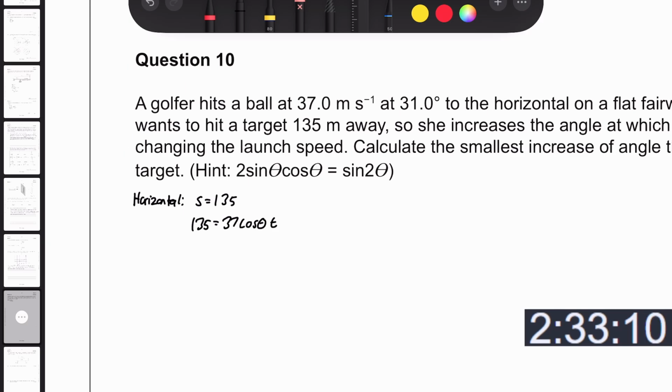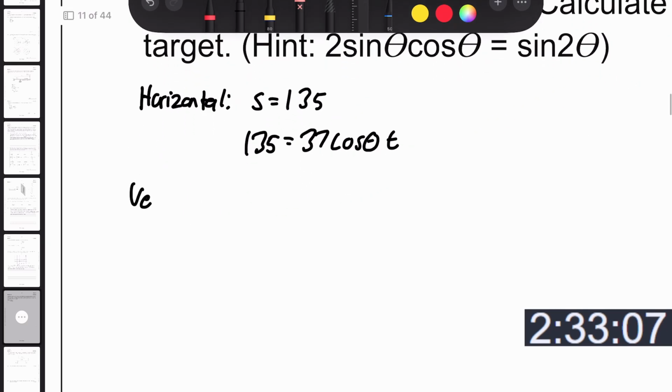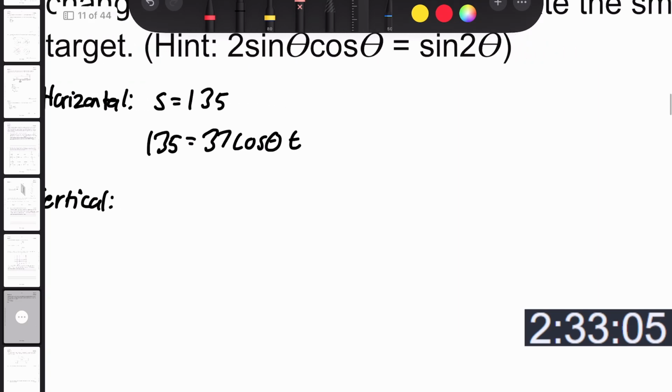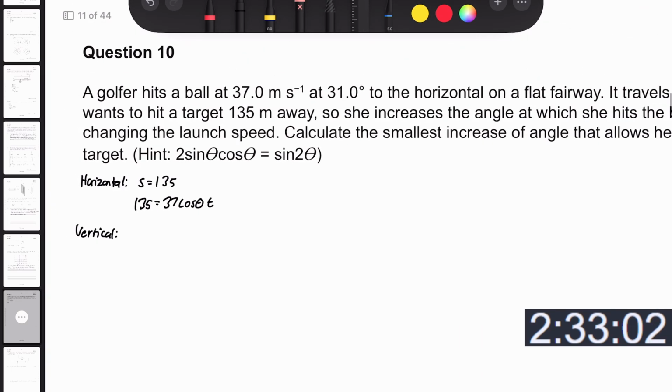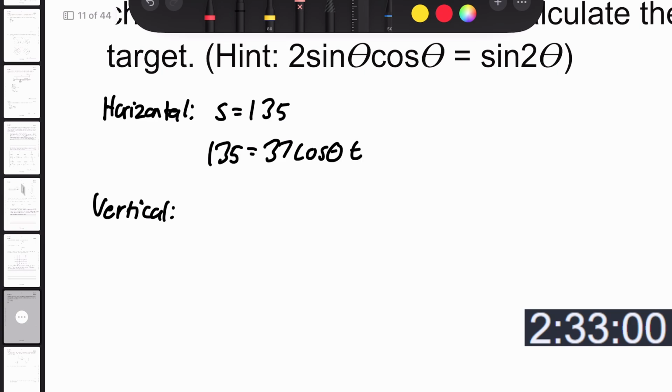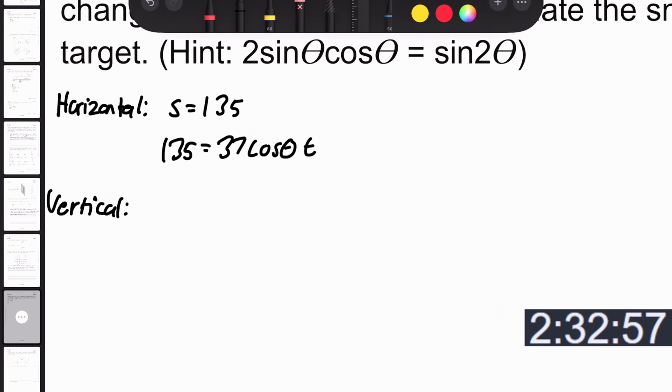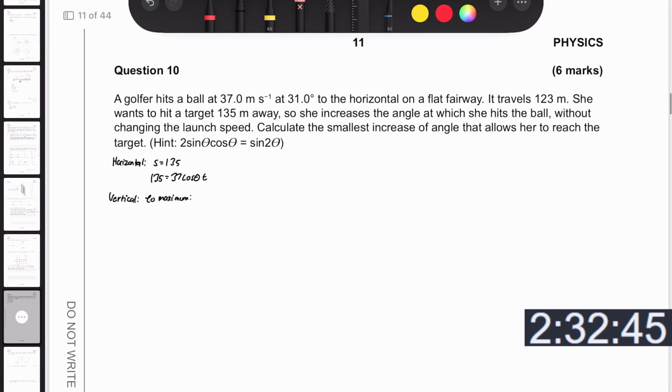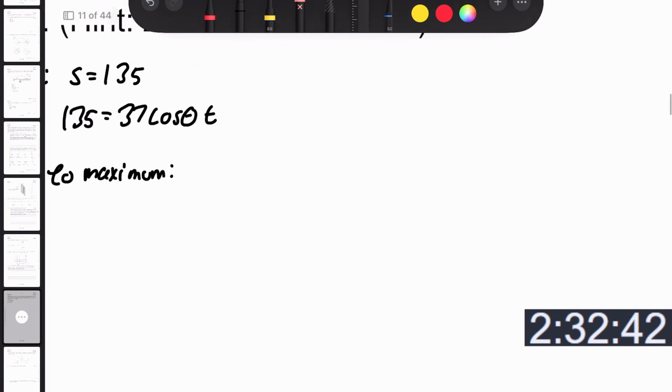And then for vertical, let's say the time spent is going to be 2 times the time to maximum height.